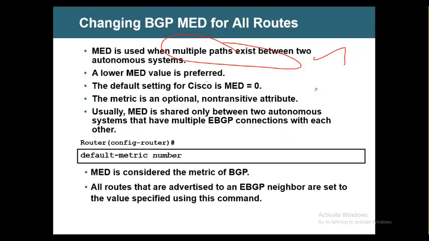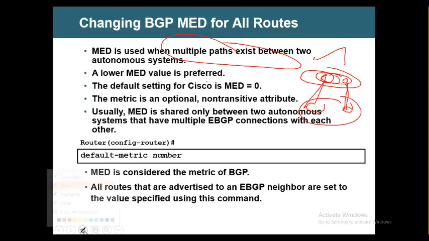It can be like that. You see, between two autonomous systems back to back, you got multiple connections. It may be like this also, or it may be like this also. Yeah, two connections between two autonomous systems. So usually we will have three autonomous systems when you have two connections.